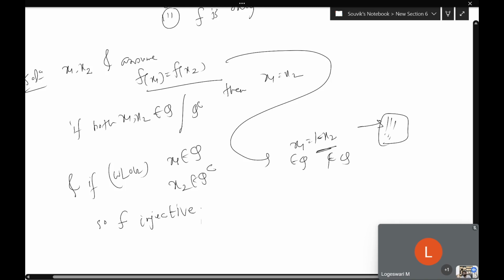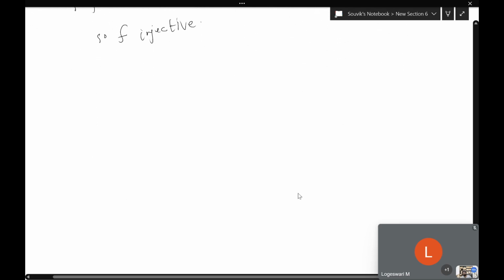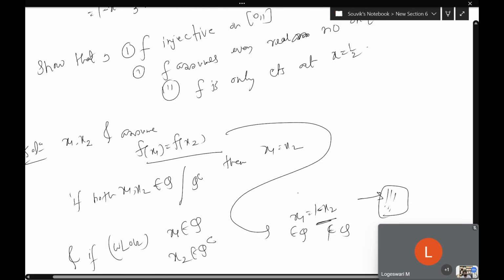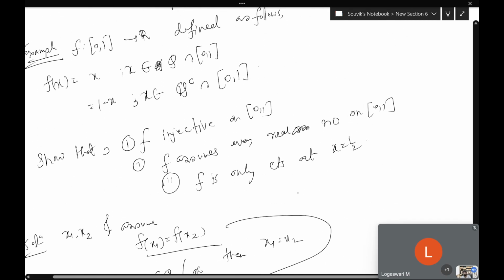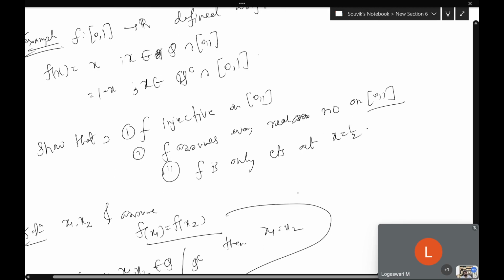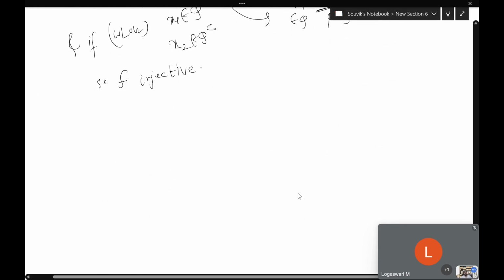Now we need to check the surjectivity over 0 and 1, because we need to show that every real number in 0 to 1 is attained. So take r belonging to 0, 1.